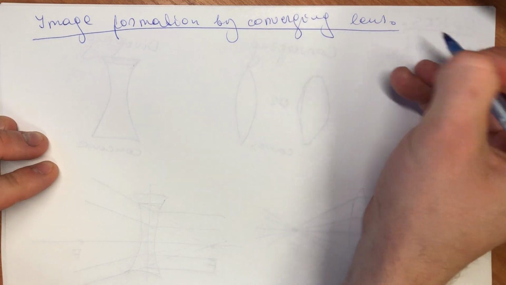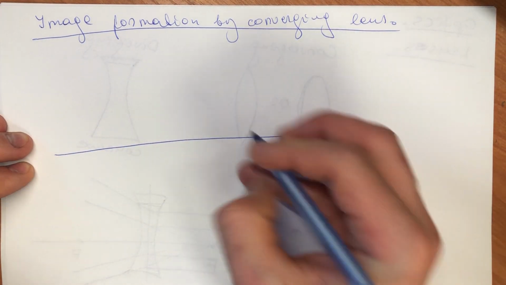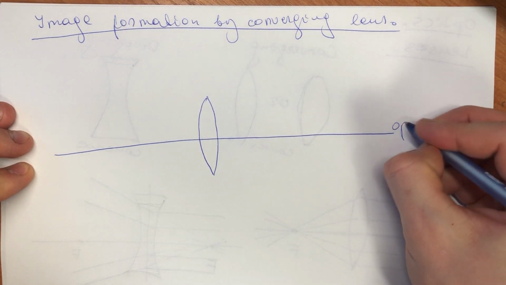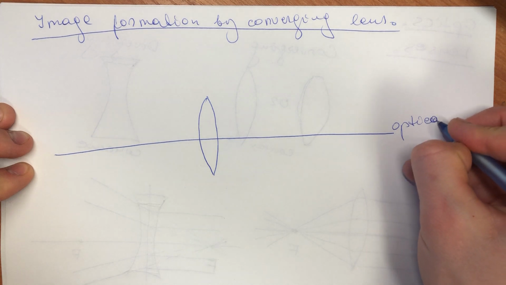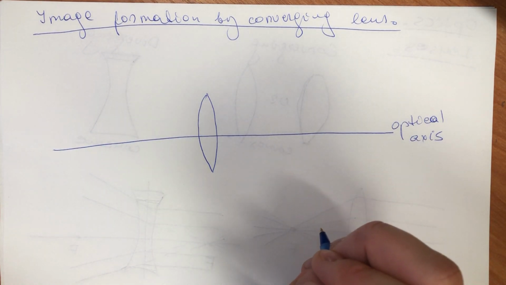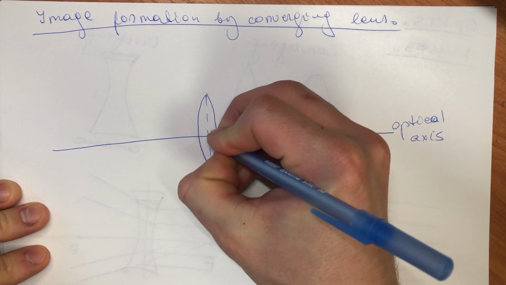So in image formation we have the optical axis. This is the optical axis. And here would be the center of the lens.